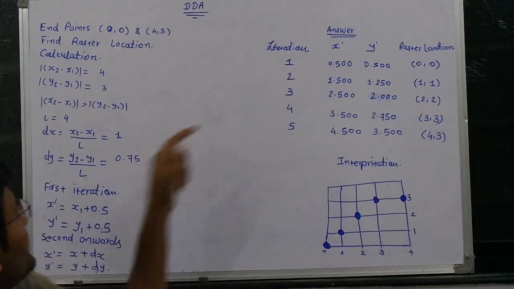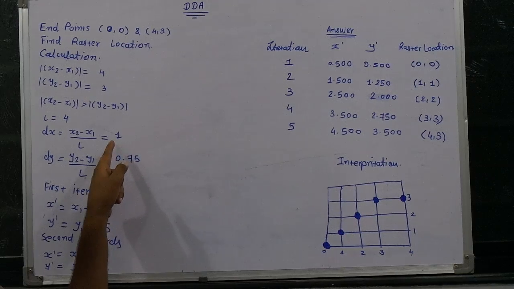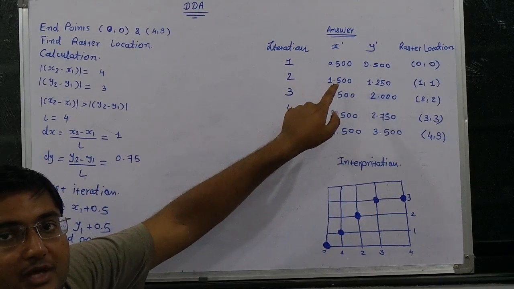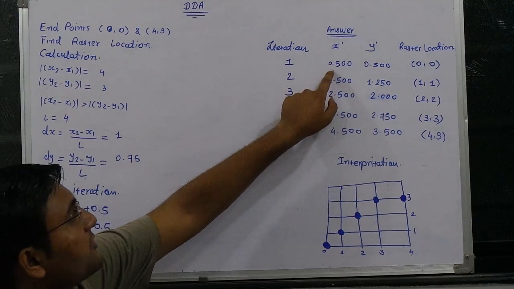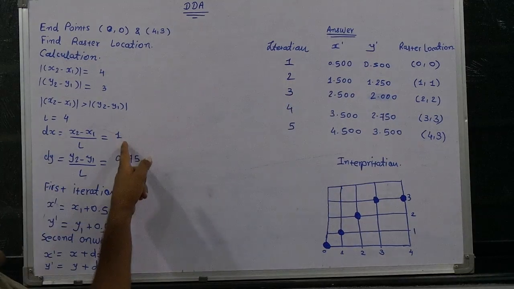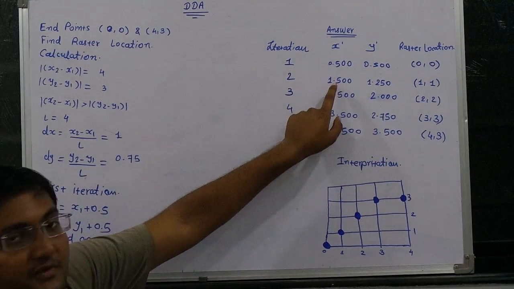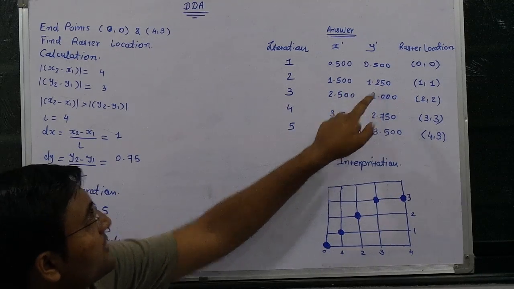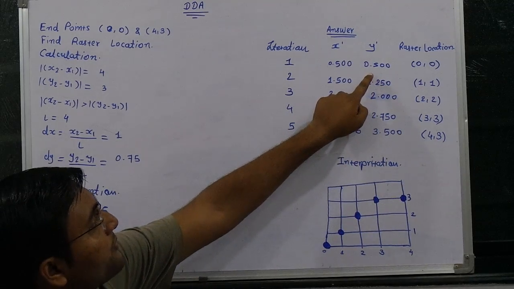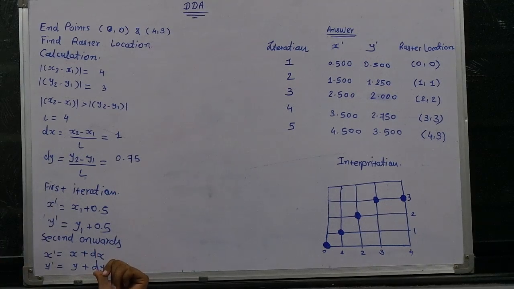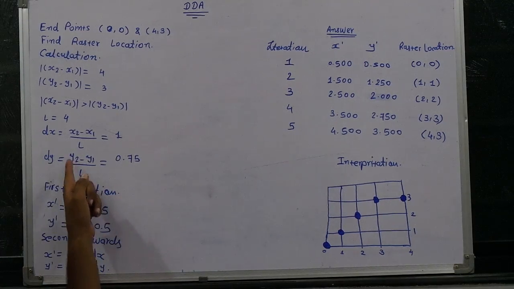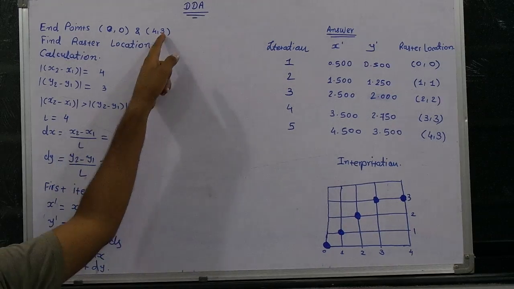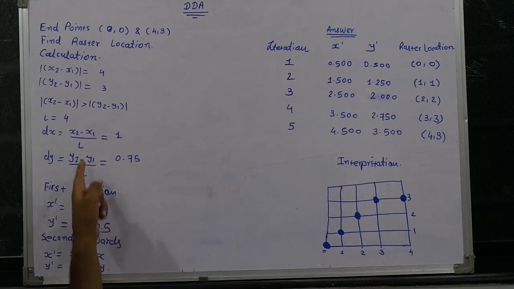So here it is 0.5. What is the value of dx? 1. That means in the second iteration, what we need to do? x plus dx, where x is equal to 0.5 plus dx is equal to 1, so it will be 1.5. And in the second iteration, y value, y plus dy, where y is equal to 0.5 from this equation and dy value is equal to y2 minus y1 divided by L, which means 3 minus 0 divided by 4.